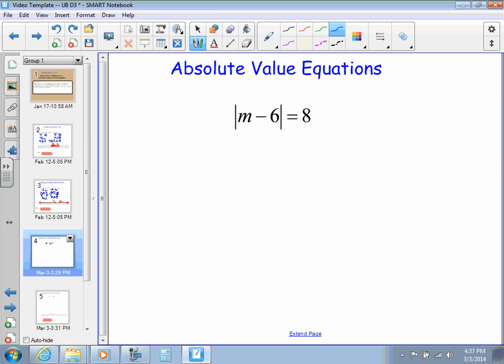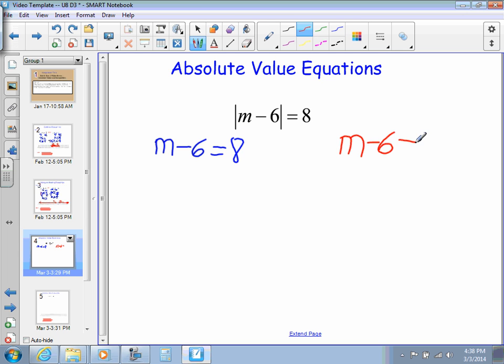So we have two equations here: m minus 6 equals 8, and m minus 6 equals negative 8. And now we need to solve each of these two equations to find two answers. So we have, let me back up.